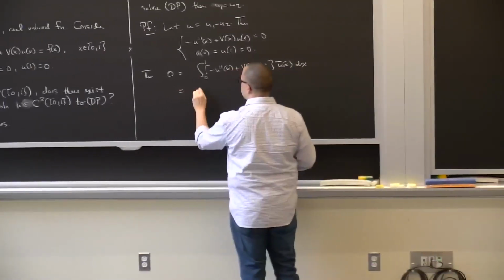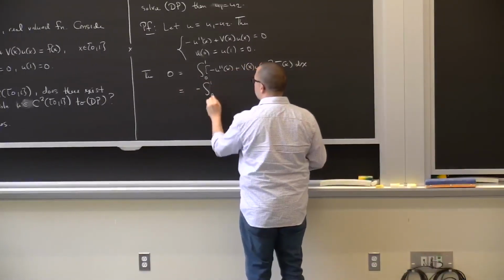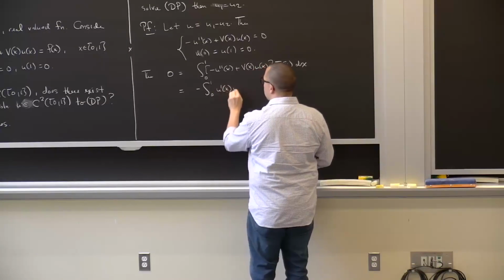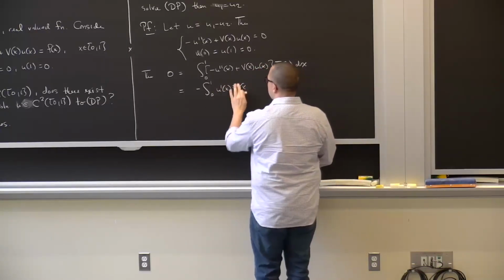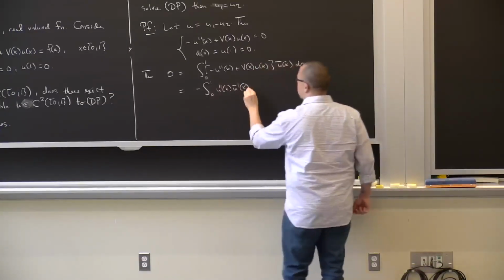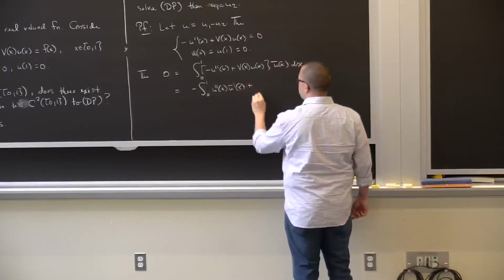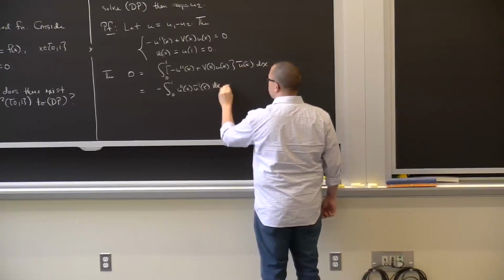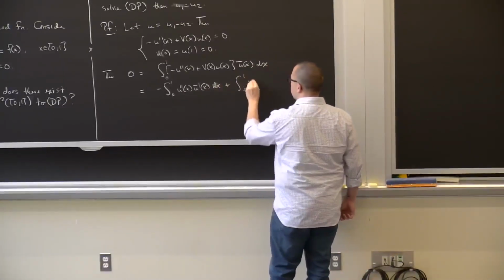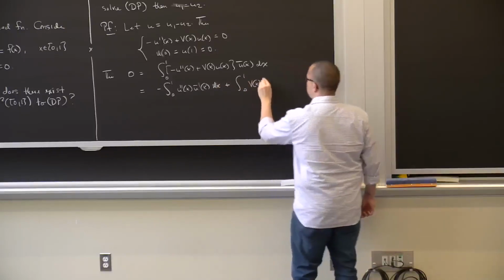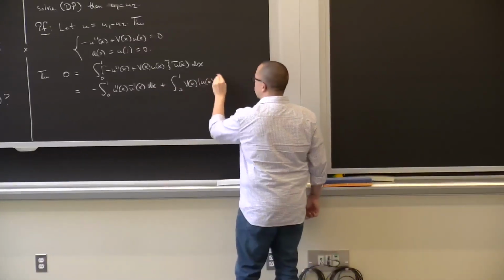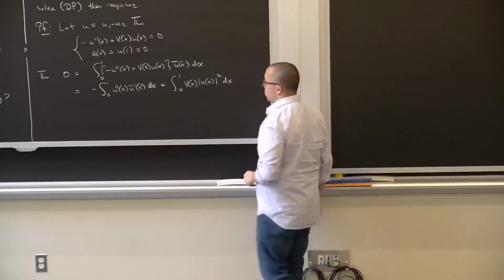And now this is equal to the integral from 0 to 1 of the absolute value of u prime of x squared, plus the integral from 0 to 1 of V of x times the absolute value of u of x squared.